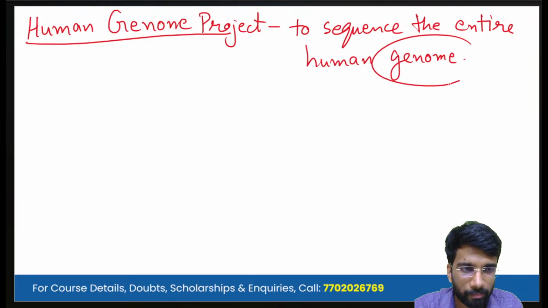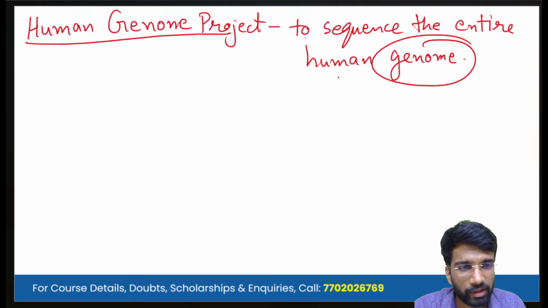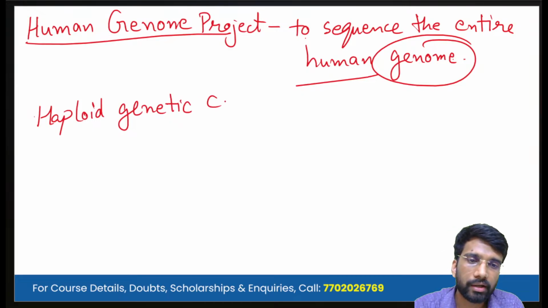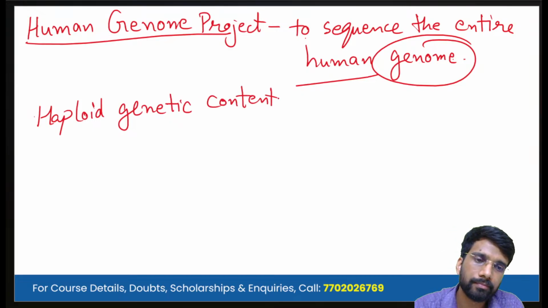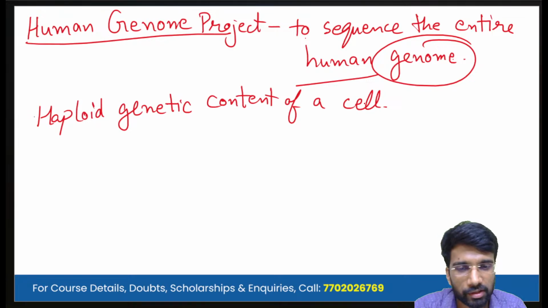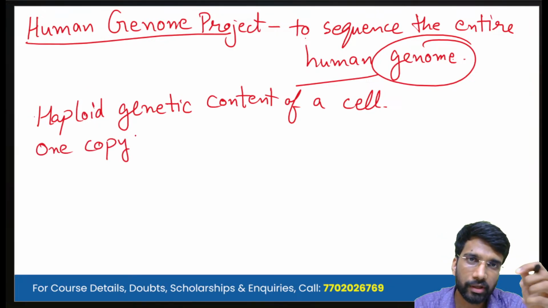Now, the question might be: what is a genome? A genome is the haploid genetic content of a cell, that means one copy. Haploid means half.